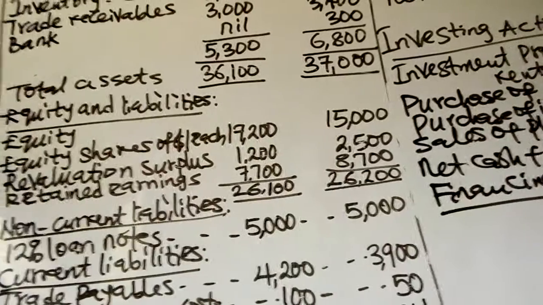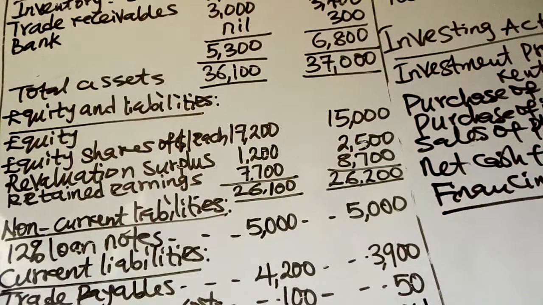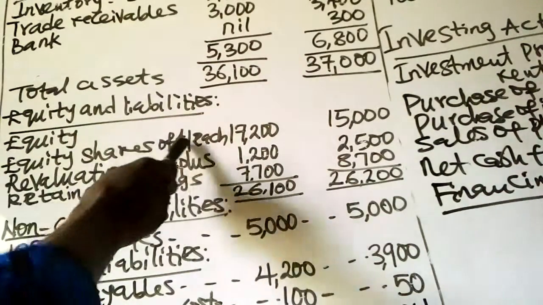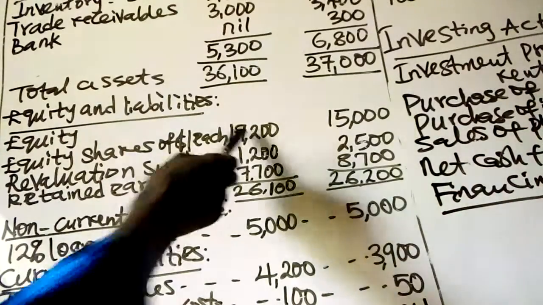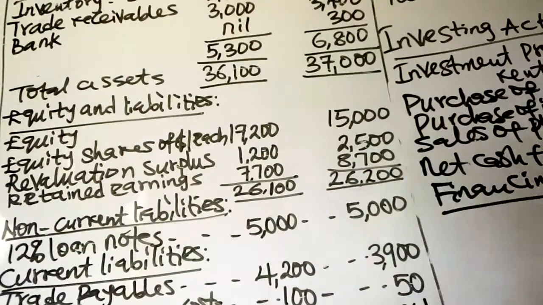Under equity, you have equity shares of $1 each, 17,200 in the closing and 15,000. There is no share premium, so there is no additional information or footnote about that equity.